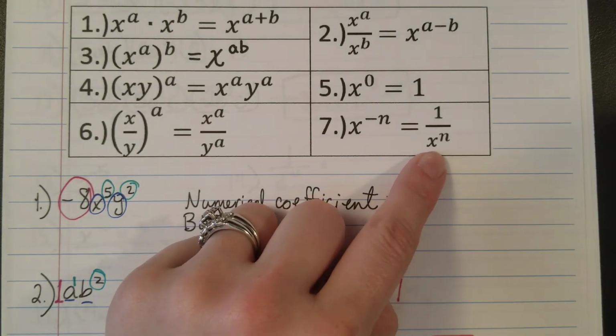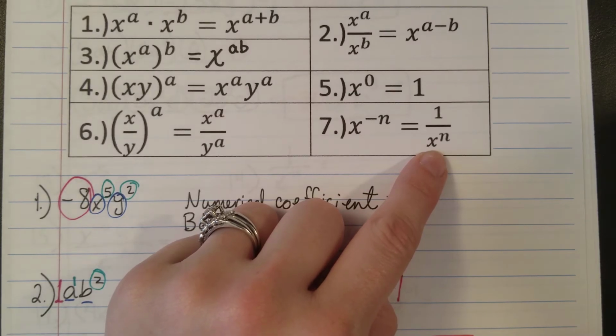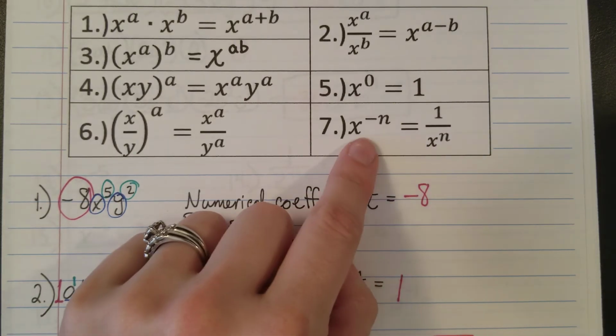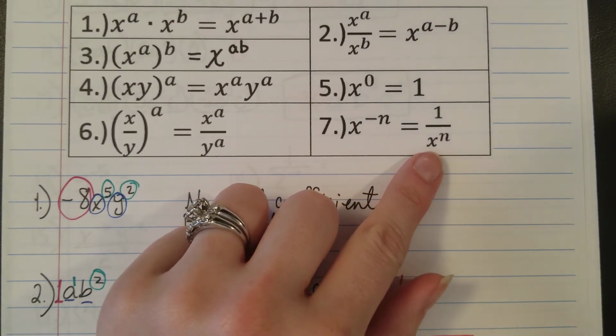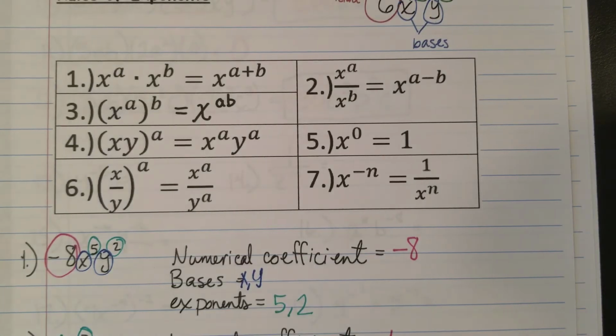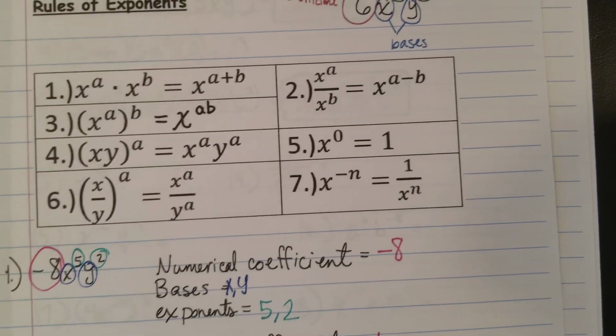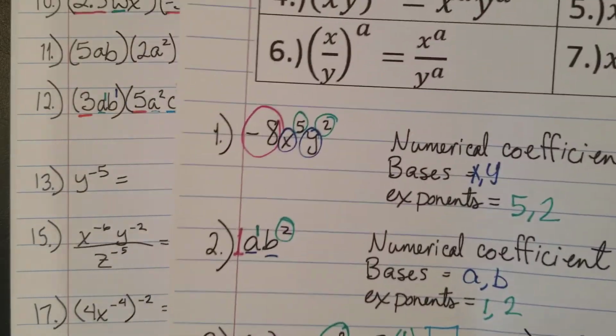Okay, so if you have a negative exponent, that means you want to do the reciprocal to get rid of that negative. In other words, assuming it's not already in the denominator, you would move it to the denominator, or vice versa.